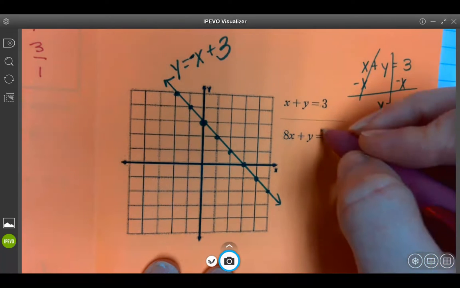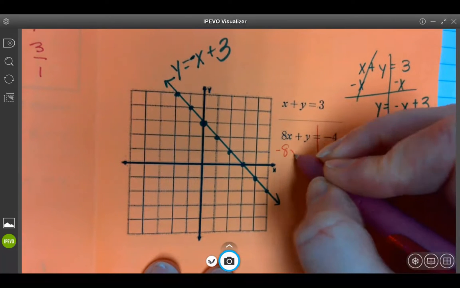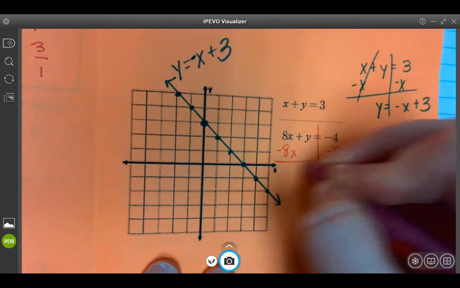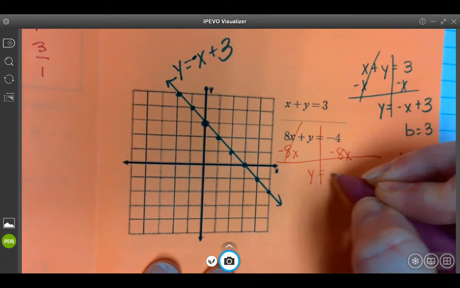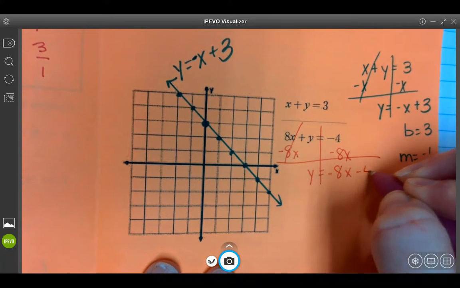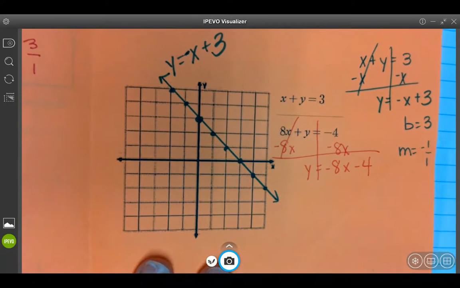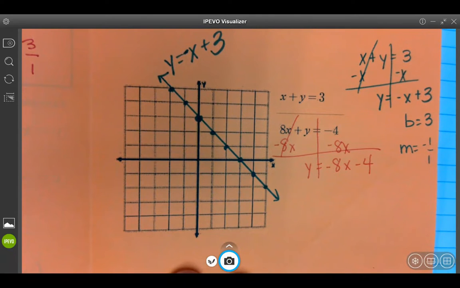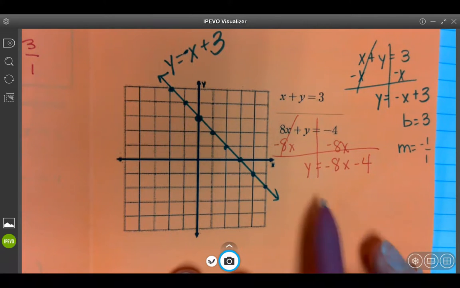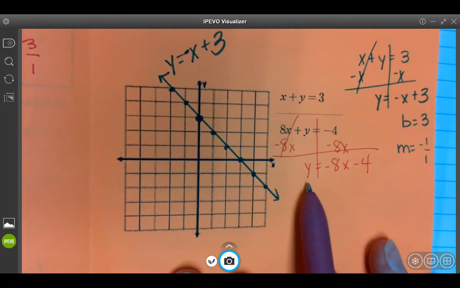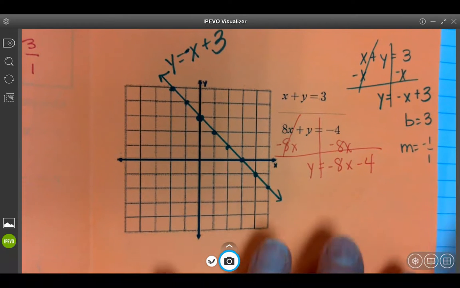Okay, so we've got to solve the other one for y. So subtract 8x on both sides. So on this one, it didn't require us to divide by a number in front of y. Neither did the last one, actually.